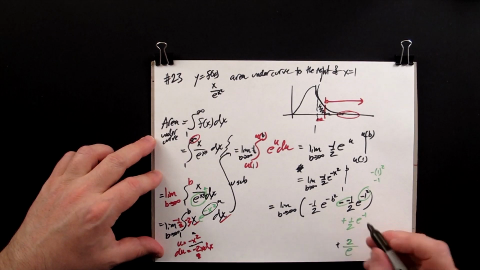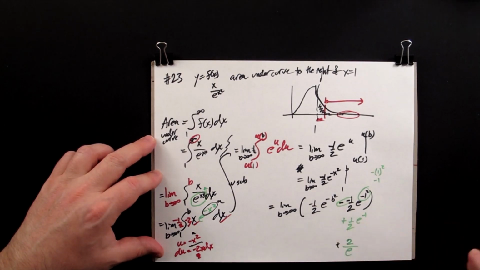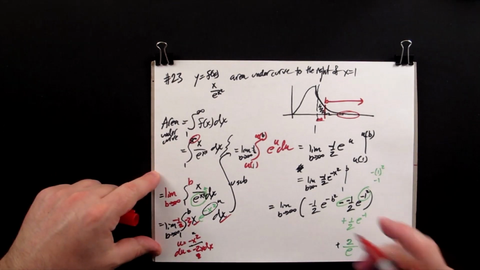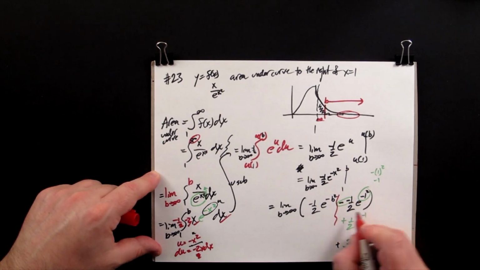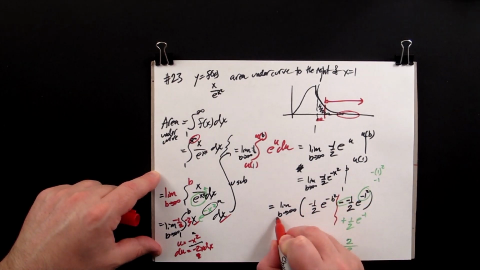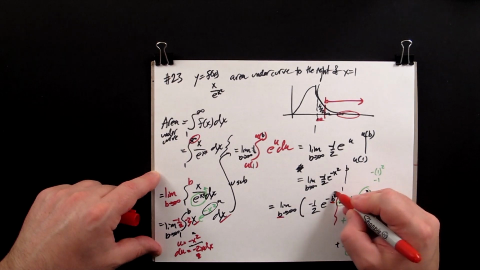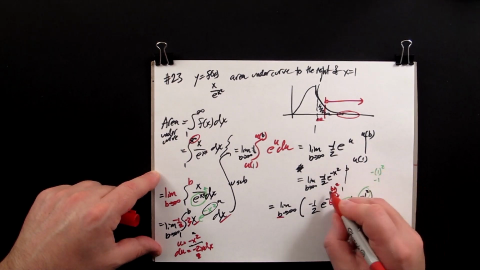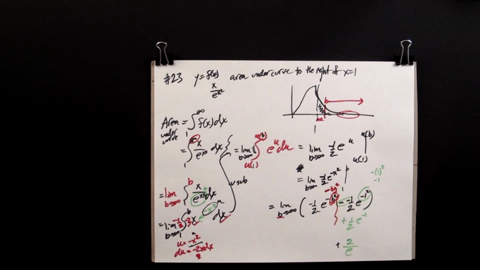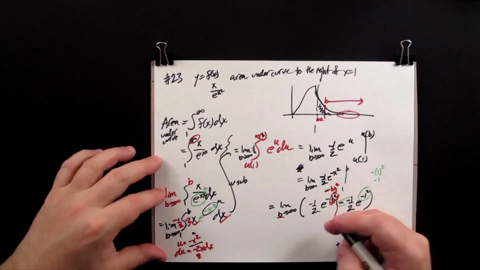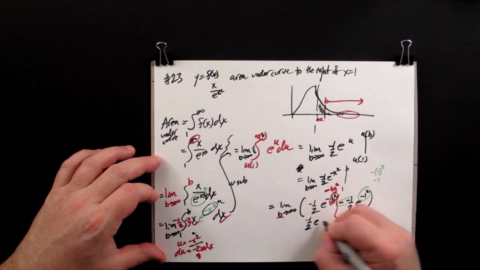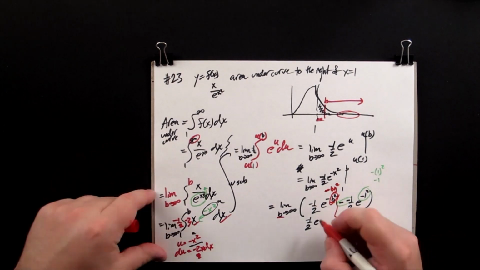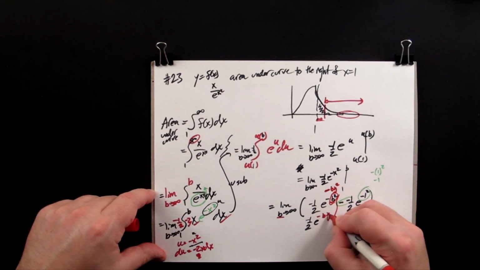And to that, we're adding whatever this piece does. So again, this part was a constant. This involves our variable. So we're going to have big number squared and then a minus in front. So this will be minus a half e to this negative big number.